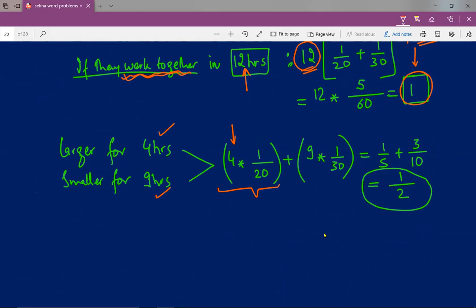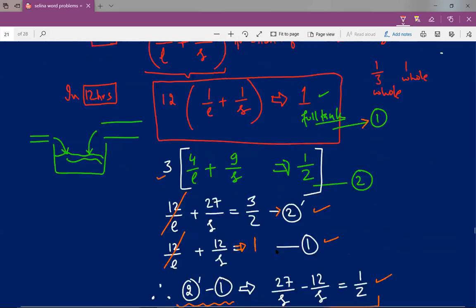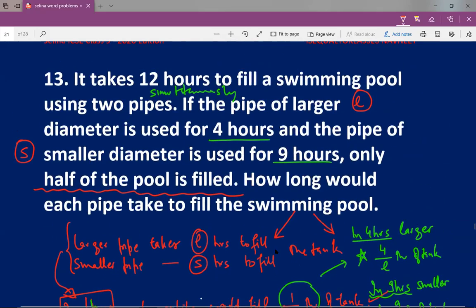When the smaller is working for 9 hours, this is the fraction that gets filled. Now this fraction plus this fraction is half the pool which gets filled. And that is what is mentioned here, half of the pool.